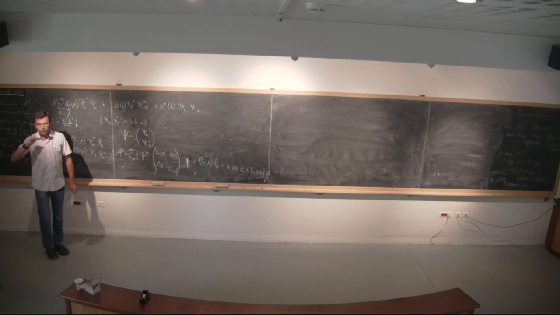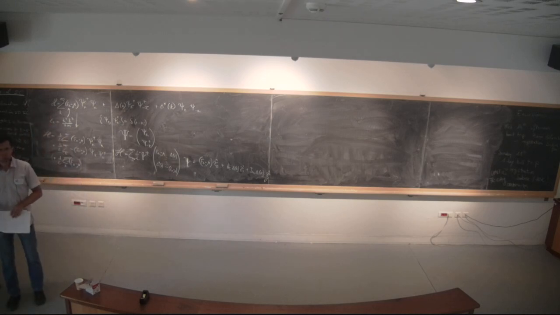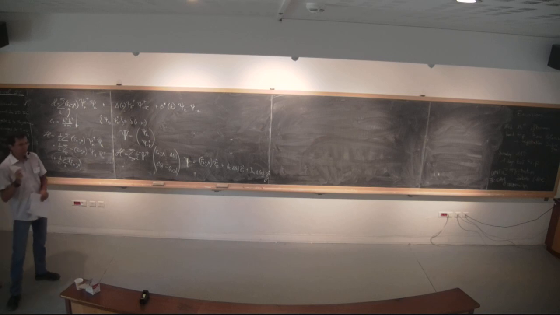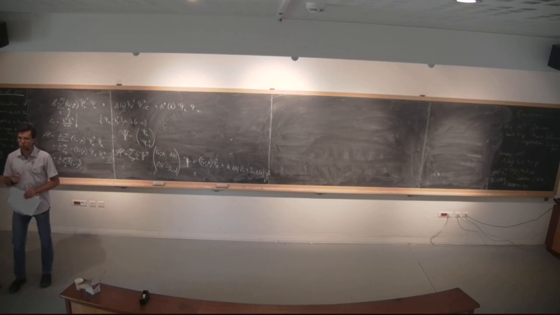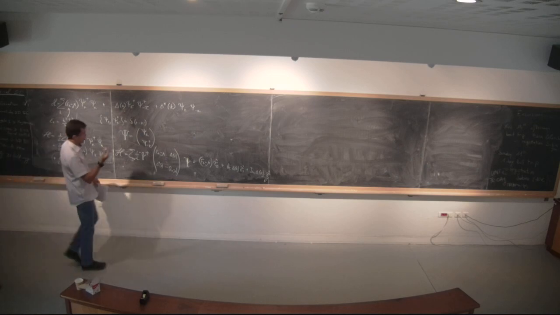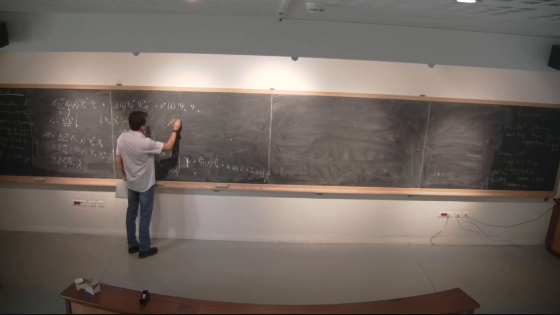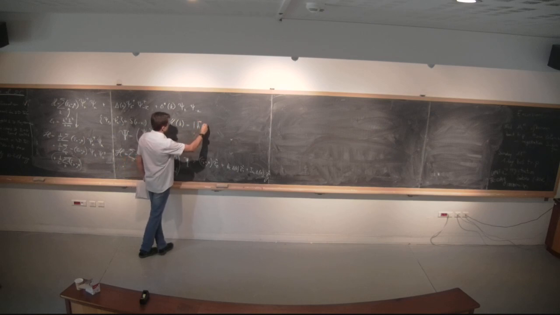Now, I don't know how our short-term memory is, do you remember what Jean-Noël told us this morning? What was the basis of the Haldane model? He wrote it in a suggestive form, and in order to define a Berry phase, he wrote the Hamiltonian h of k in the form that looked like this.